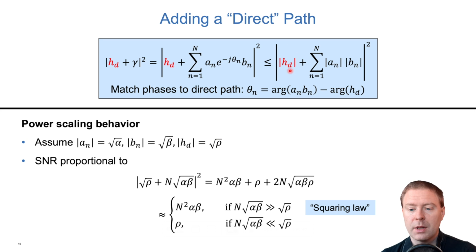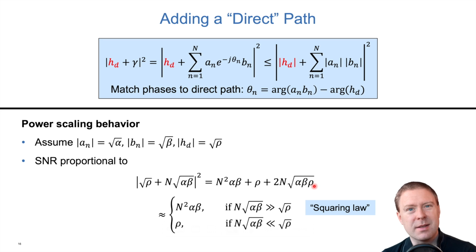Then, what I have here, absolute value of HD is just the square root of rho. And here I have n terms, and all of them will now have the same value. So we have an n, and then we have square root of alpha, square root of beta, like this. And I have an absolute value square. If I am expanding this square, I will get this term squared, so n squared alpha beta. I will get this term squared, rho. And then I will get 2n square root of alpha beta rho.